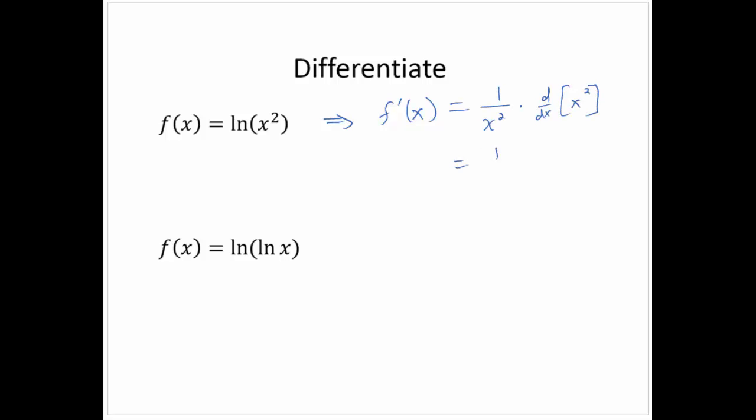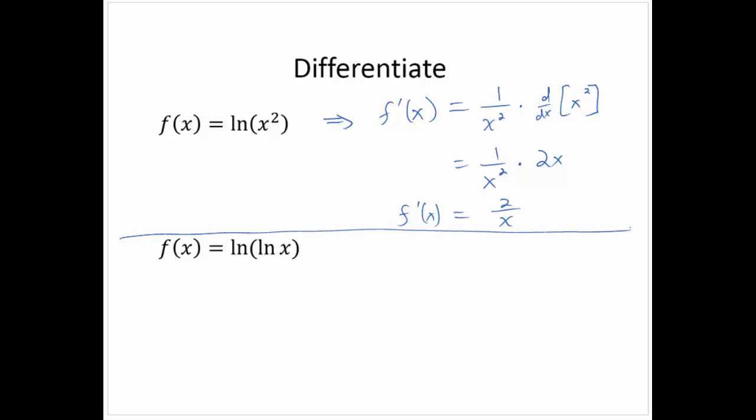That would be 1 over x squared times 2x. And simplifying this, that would give us 2 over x. So f prime of x is 2 over x.